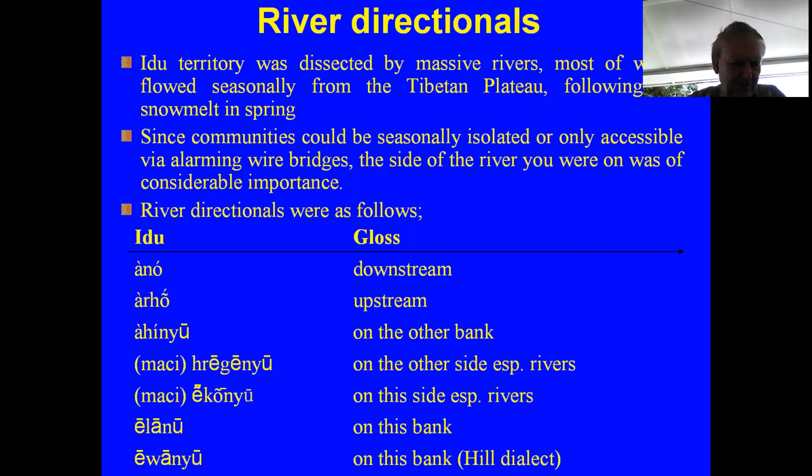So the river directionals were as follows. You had a term for downstream from where the speaker is, a term for upstream, a term for on the other bank of a river, on the other side of things, particularly rivers, and terms for on this side and on this bank. So you have a clear set of directionals in relation to rivers.